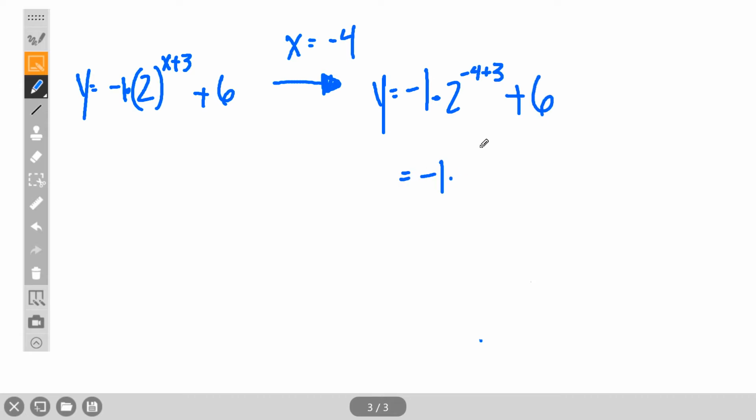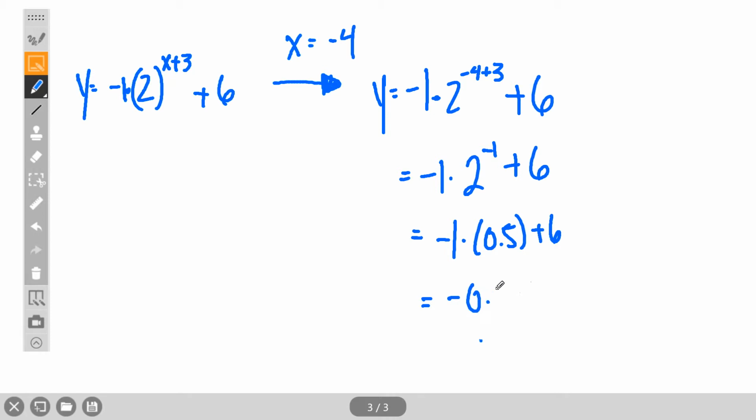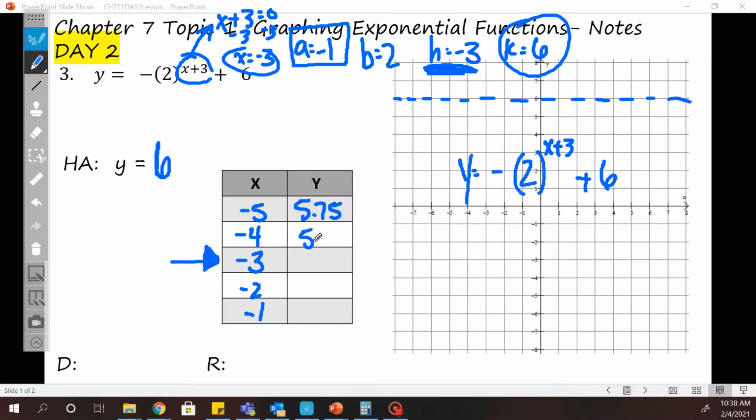So it's -1 times 2 to the -1 power plus 6. You can put this 2 to the -1 in the calculator. That will be 0.5. And -1 times 0.5 is -0.5, which gives us 5.5. So plugging in -4 gives us 5.5. So let's put that in our table.